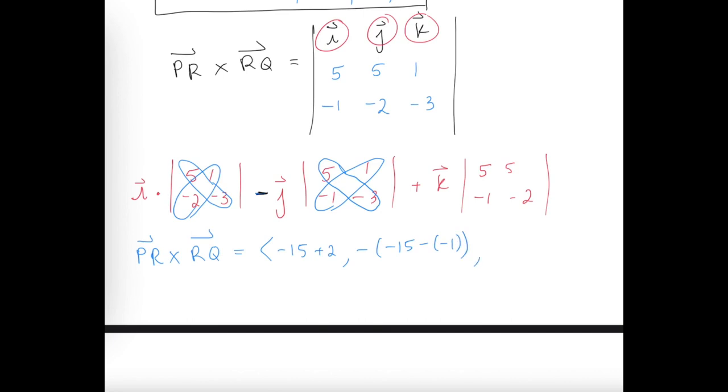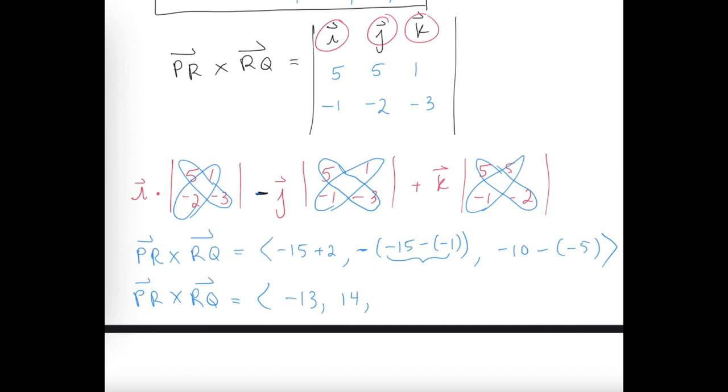And then on the k component, we'll be looking at the determinant, which is going to be -10 minus -5. Now we close off our pointy bracket notation, and let's simplify this vector. We've got -15 plus 2, that's -13, and then the j component, negative times the negative 1 is going to be positive 14, and then we'll also have -10 plus 5, which is -5.